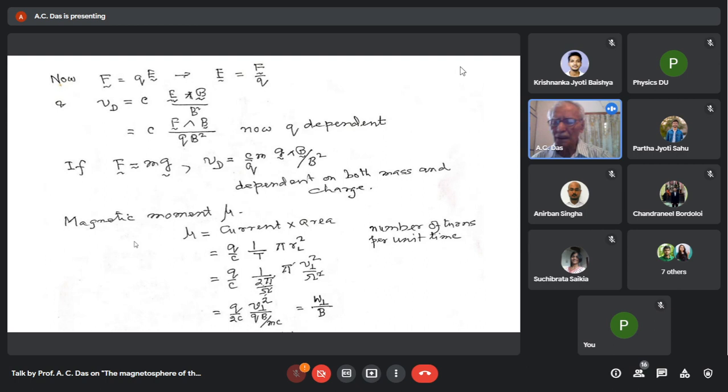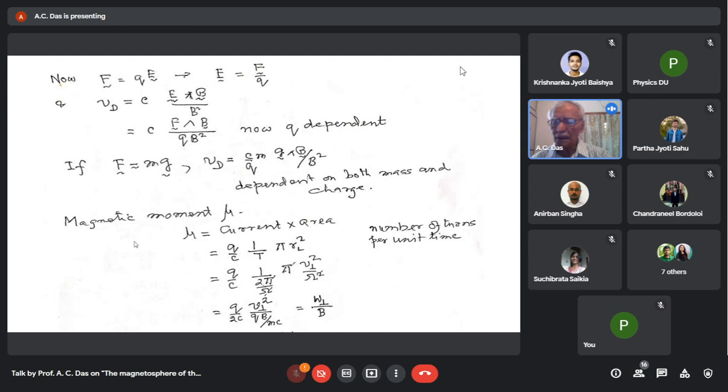Current is obtained if you know the number of turns per unit time, so it is associated with the time, and that will determine how many turns take place in unit time.